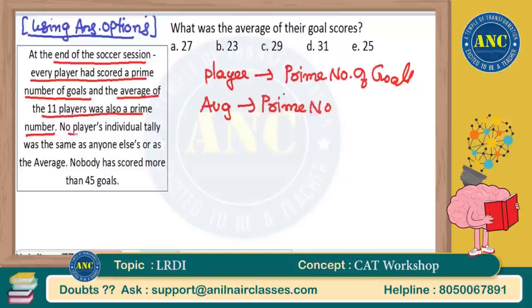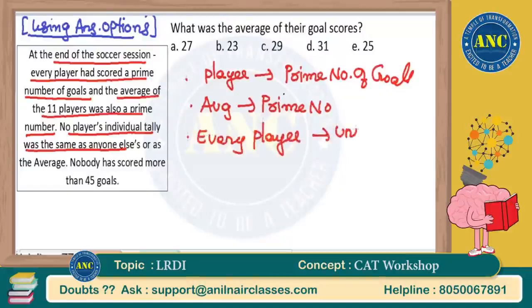No player's individual tally was the same as anyone else. That means every player will score a unique prime number of goals. No two people will show the same thing. Third point also clear.